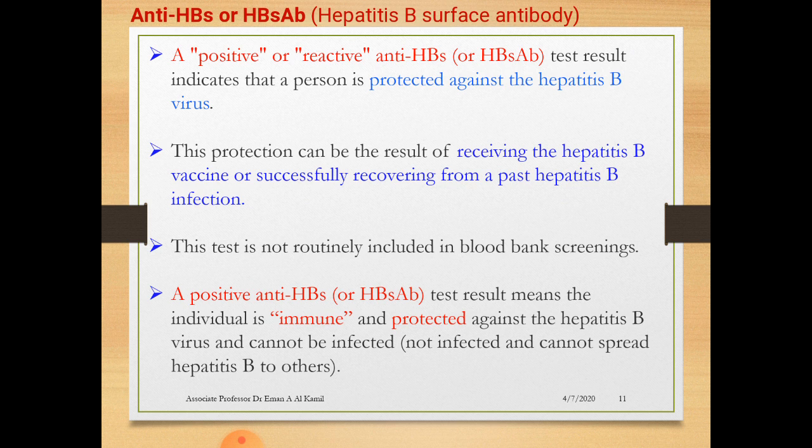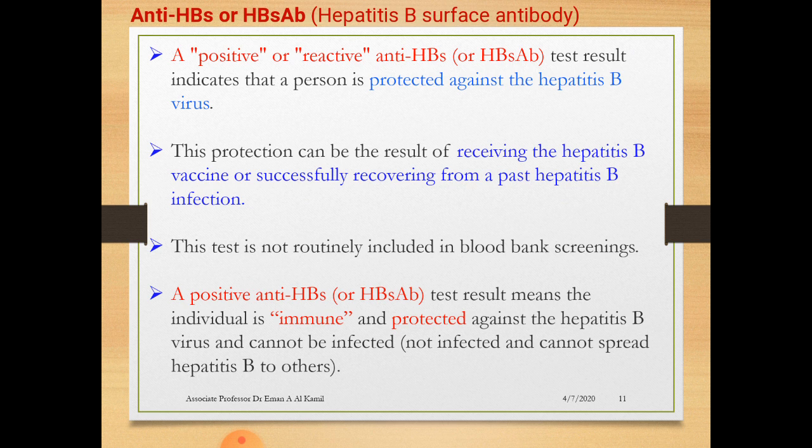After infection with hepatitis B virus, and the patient develops hepatitis B surface antigen, the individual may then develop what is called hepatitis B surface antibody, or antibody to the antigen. A positive or reactive hepatitis B surface antibody test result indicates that the person is protected.